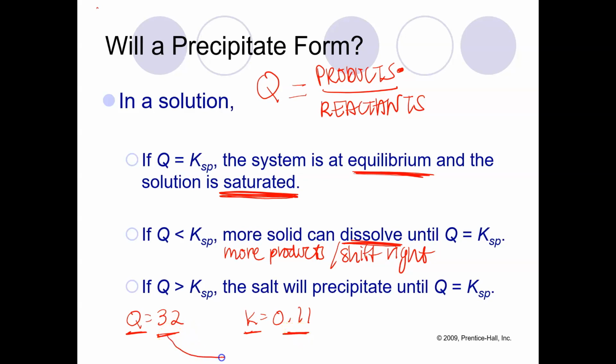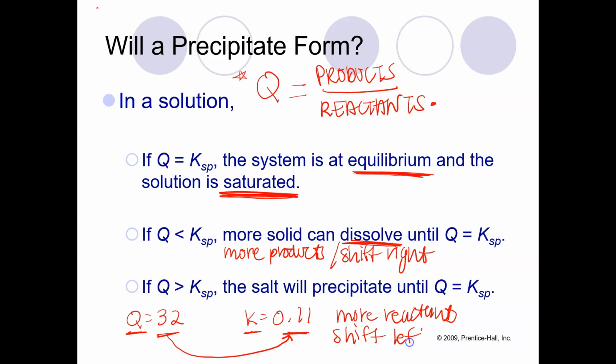So if I need to make the Q equal the K, I need to make the Q smaller. So if we come back up here and look at our ratio, to make the Q smaller, I need more reactants and fewer products. So more reactants, which means shift left.